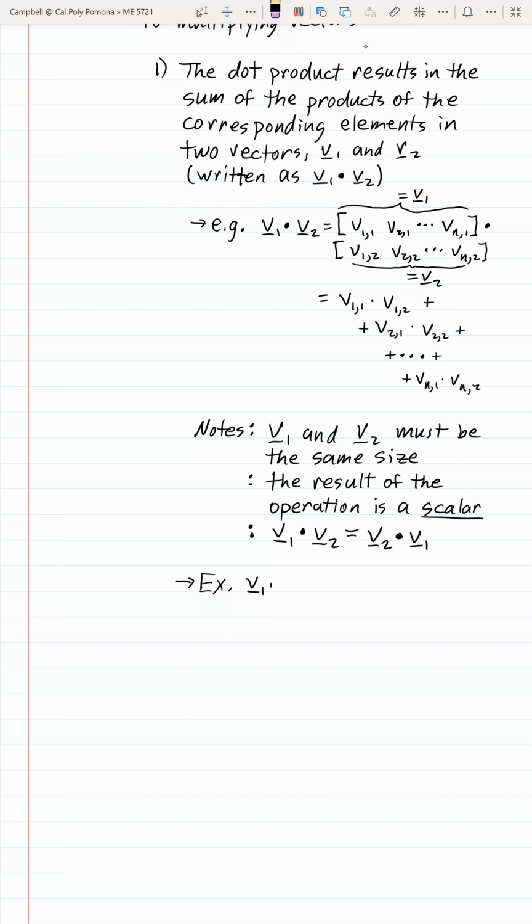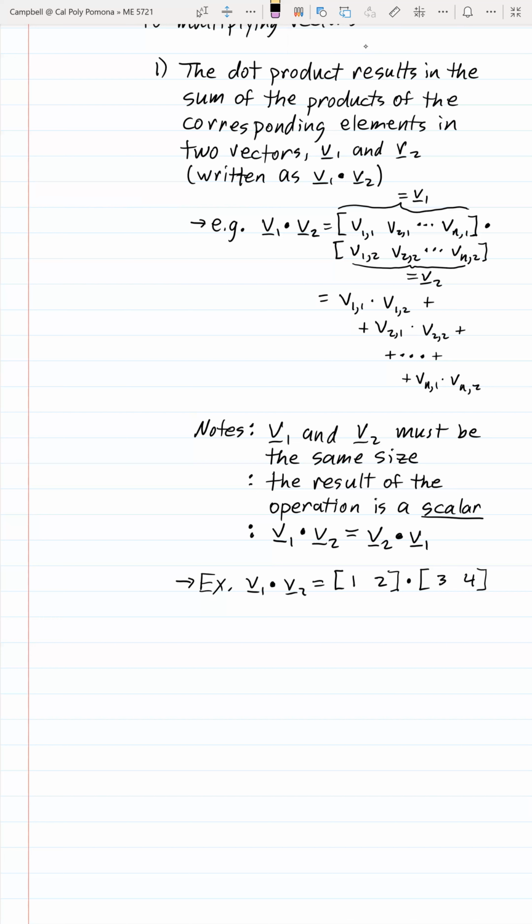So going ahead and dotting V1 into V2, it should be little surprise that V1 is going to be 1, 2, and V2, as you're probably already filling in, will be 3, 4.